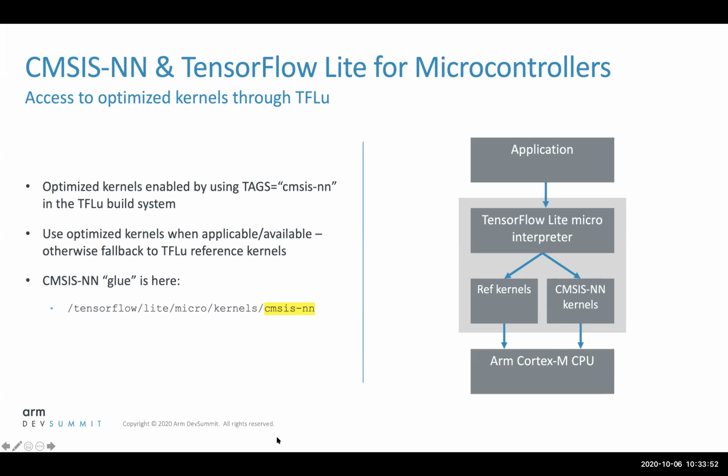There was also another question in the chat. The 10 times and 11 times improvement, it is with reference to which base platform? Okay, sorry, I was unclear there. So it's reference kernels performance, pure C performance, versus the CMSIS-NN optimized kernels on an M55.